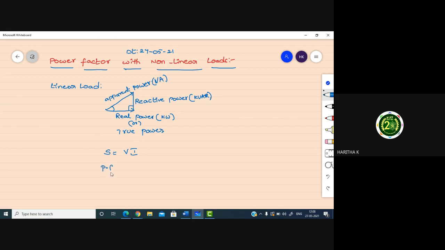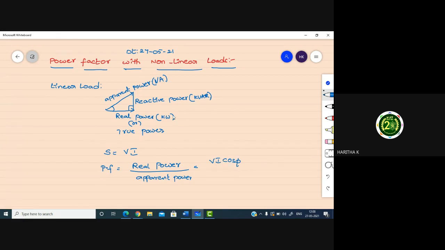Power factor is defined as the ratio of real power to the apparent power. Real power is nothing but VI cos phi.